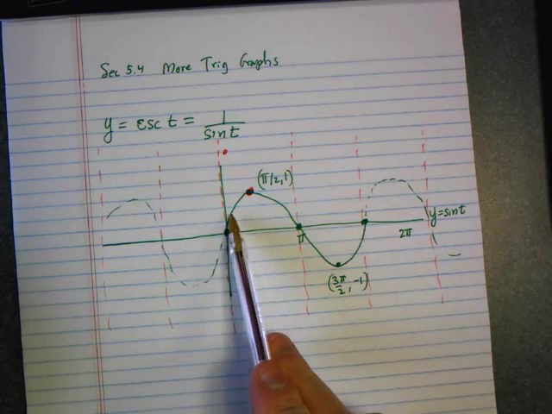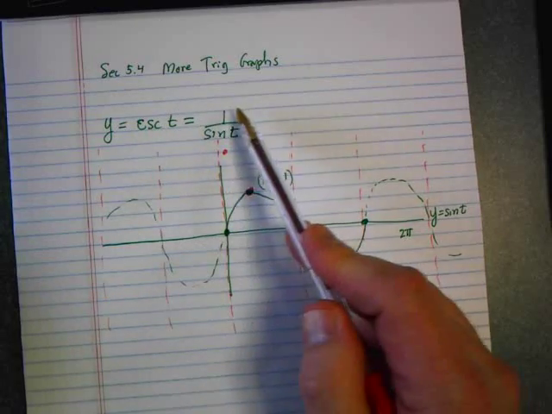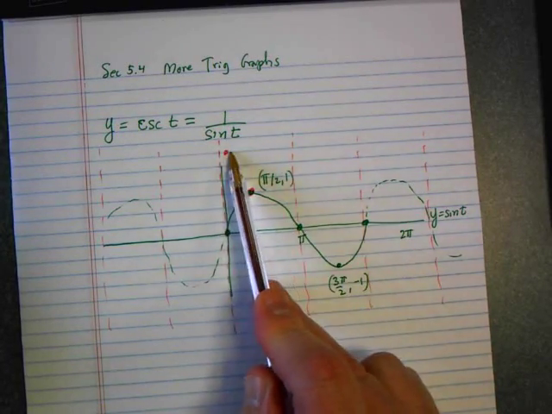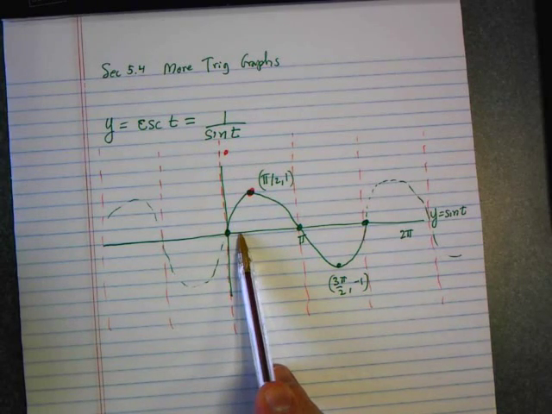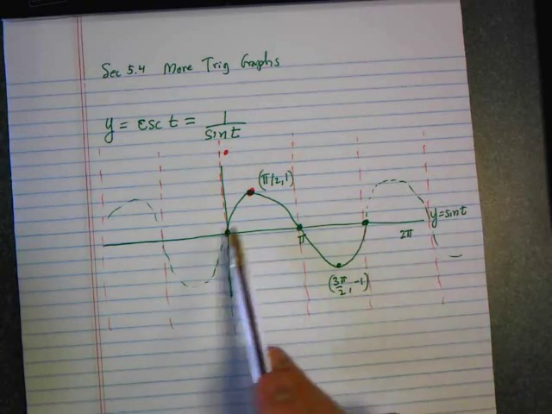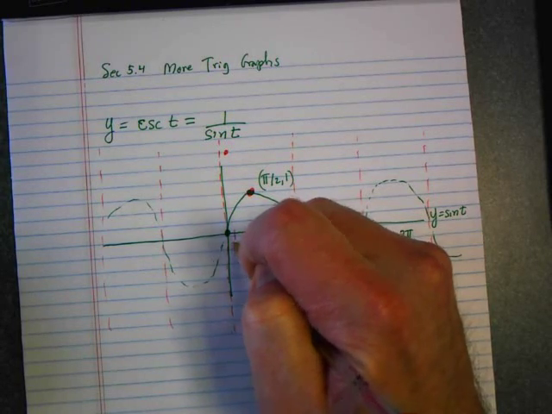The sine of pi over 6 is 1/2. So cosecant is going to be 1 divided by 1/2, which is 2. So when I have t equals pi over 6, my height is going to be 2. That's where I drew it. So this is pi over 6 right here.